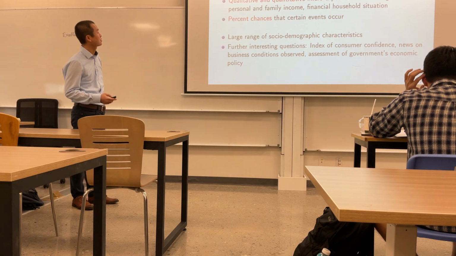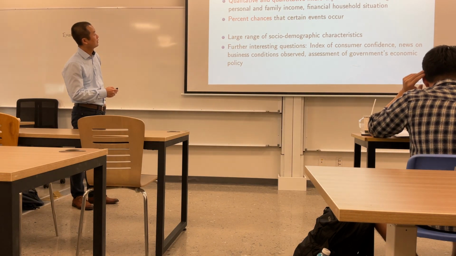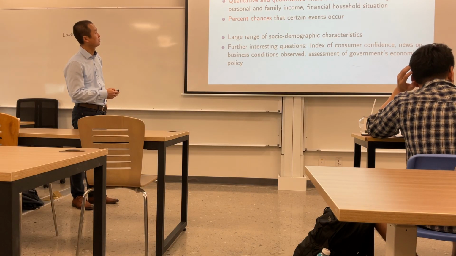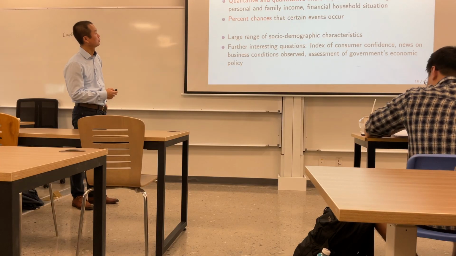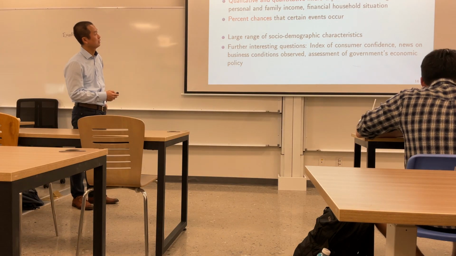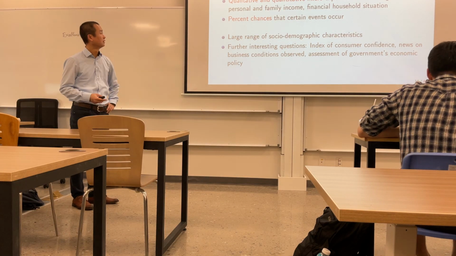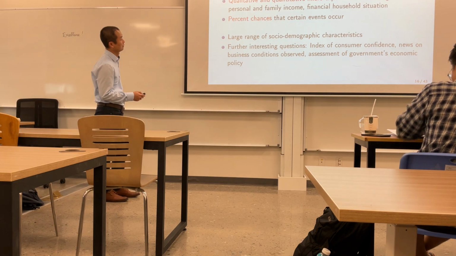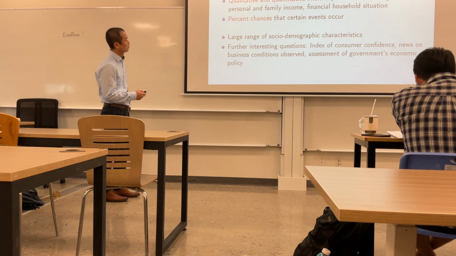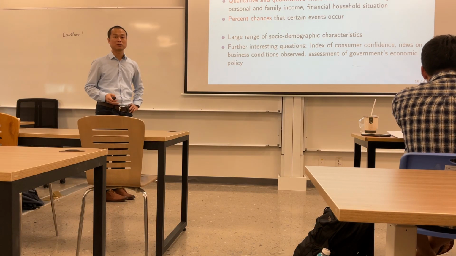So what is the content of the Michigan survey of consumers? They ask both quantitative and qualitative macro expectations from 1 year ahead and also 5 to 10 years ahead, about inflation, gas price inflation, house price inflation, and also qualitative macro variables like buying conditions, unemployment, interest rate, inflation, and the attitudes about the future.